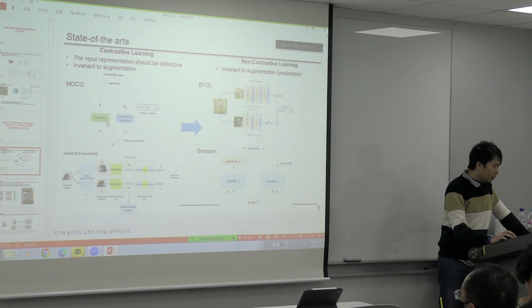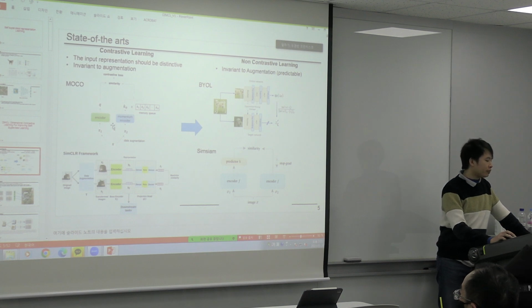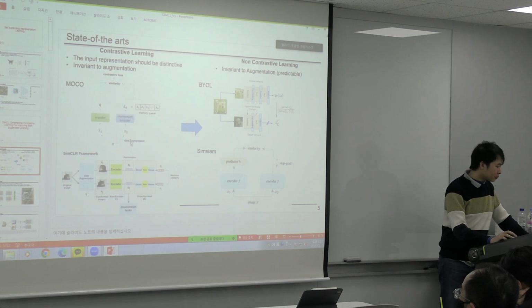And they also found out that if the encoder and the momentum encoder are the same, it will cause instability in training. So they introduce a technique called memory update, so that the momentum encoder is just a momentum copy of the encoder here.